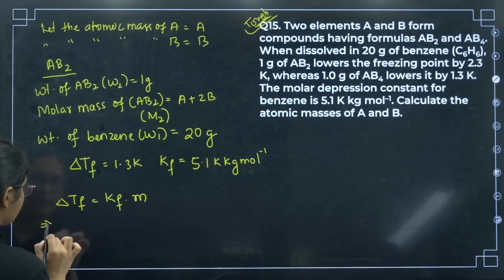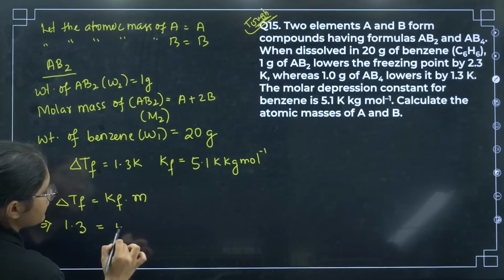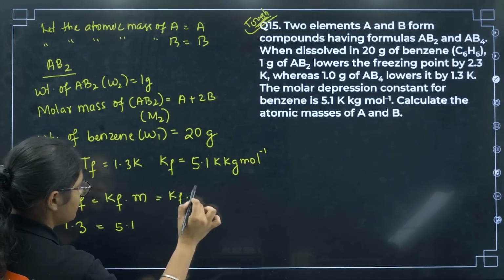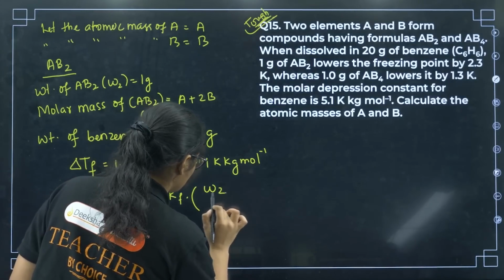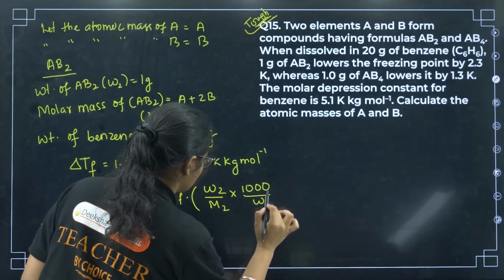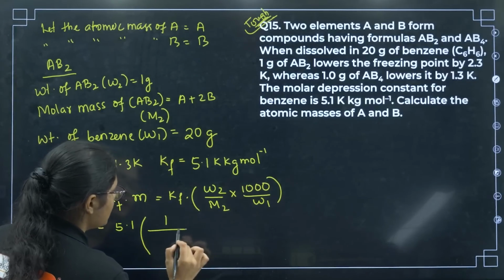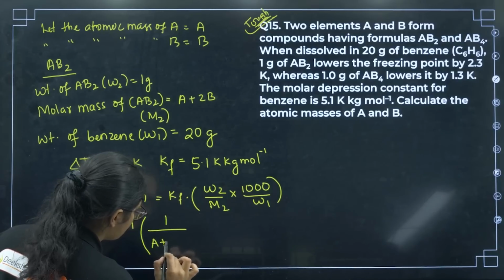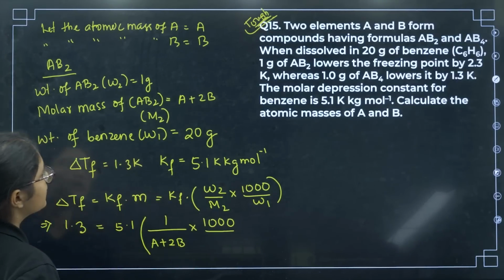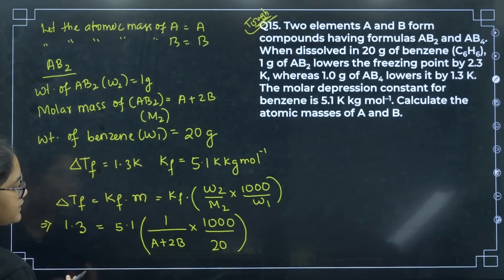I can expand this formula: KF into molality, which is W2 by M2 into 1000 by W1. W2 is 1 gram, M2 is A plus 2B, into 1000 by W1, and W1 is 20. So this is one equation that I will get.